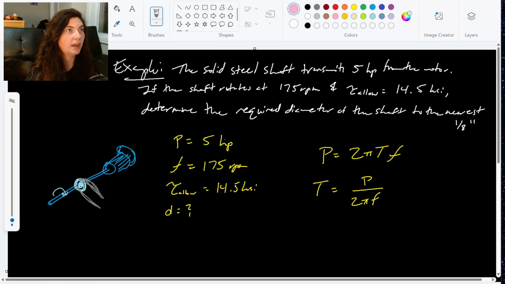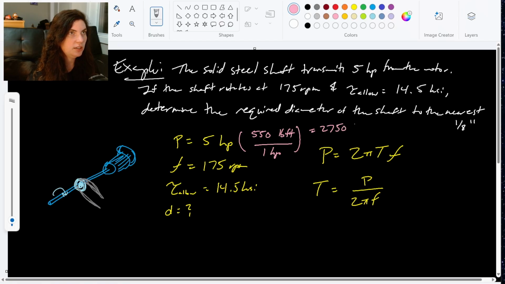So if I want to convert my horsepower, then I have 550 pound-feet is 1 horsepower. If I multiply that across, that gives me 2750 foot-pounds per second.